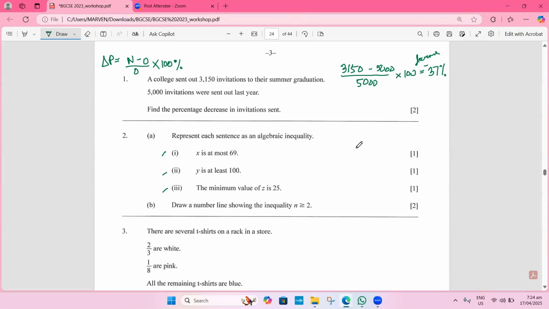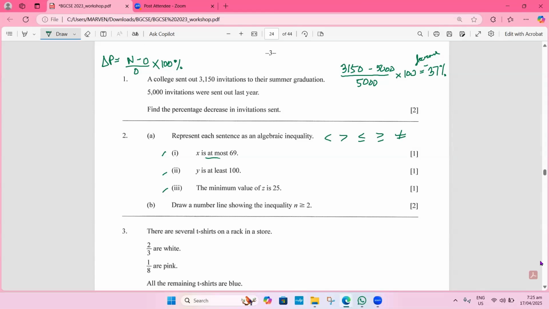Okay, an algebraic inequality is a mathematical statement that expresses that the expressions are not equal. So it uses the following symbols like less than, greater than, less than or equal, greater than or equal, but it is very rare to use the symbol not equal. But it is also part of the inequality symbols.